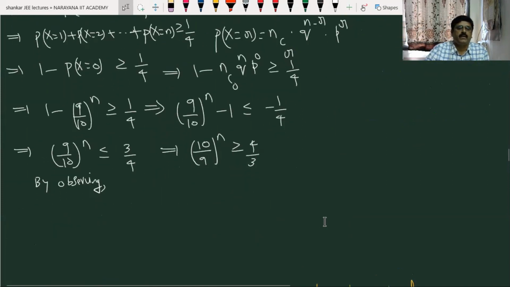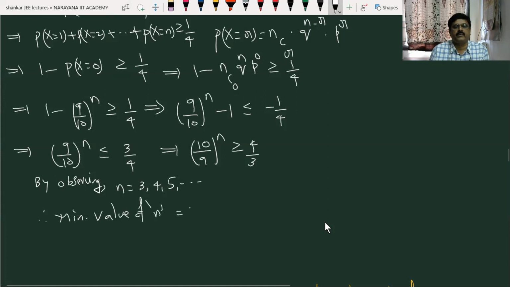Next 3, (9 by 10) whole cube. So carefully watch students, which is less than 0.75, something 0.6 something will come. So by observation, n is equal to 3, 4, 5, etc. are correct. Therefore, minimum value of n is 3, students.